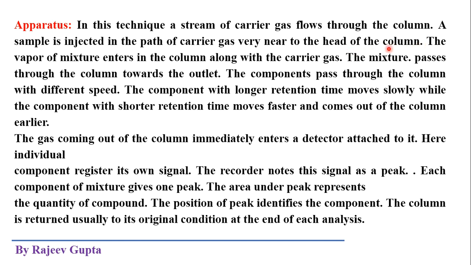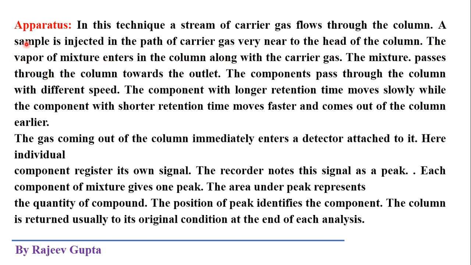So this sample mixes with the carrier gas and forms a homogeneous mixture, and then travels through this column. The vapor of the mixture enters the column along with the carrier gas.